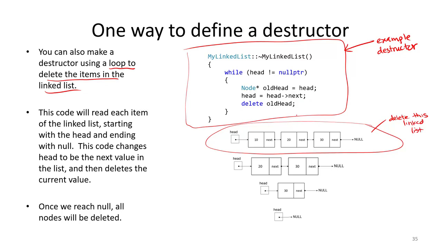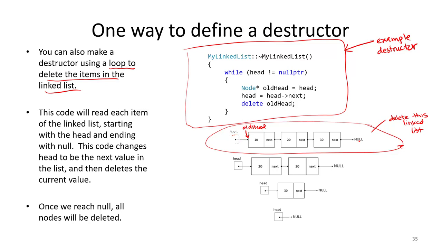So if we were to call that destructor function on this linked list, notice what it does. We take our linked list and we see, okay, as long as my head is not pointing to null, I'm going to run the following loop. I declare a pointer called oldHead, which points where head points.